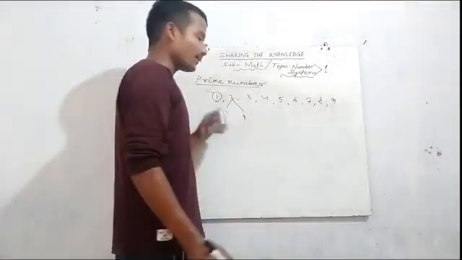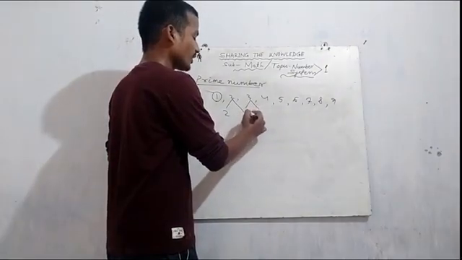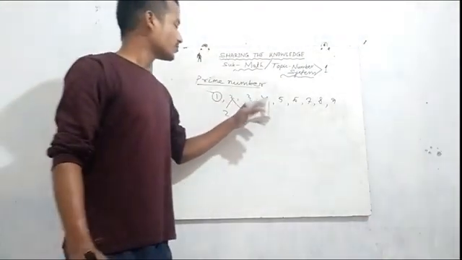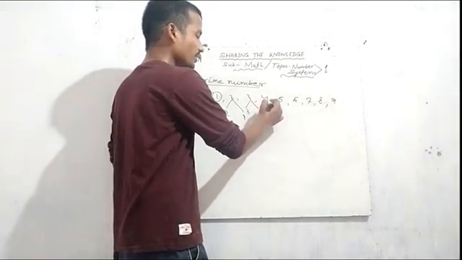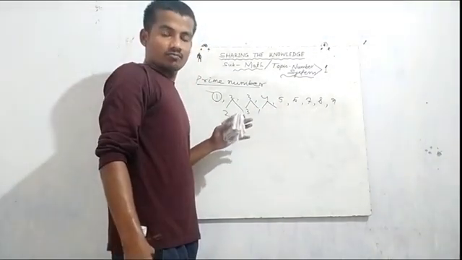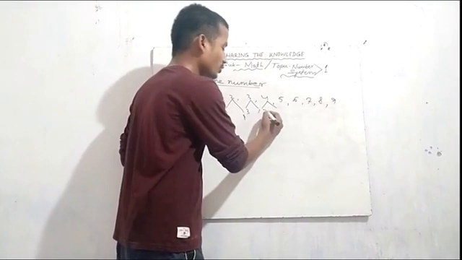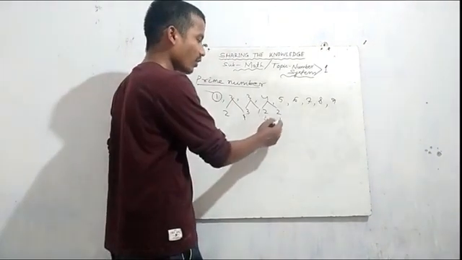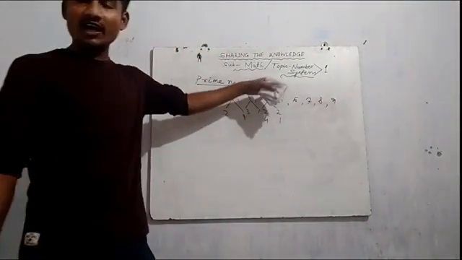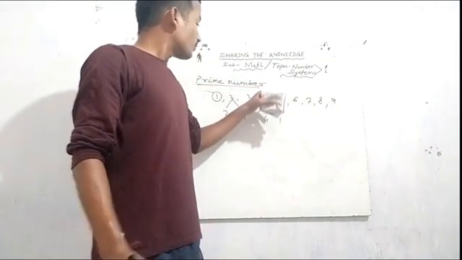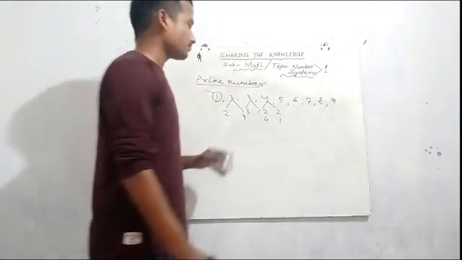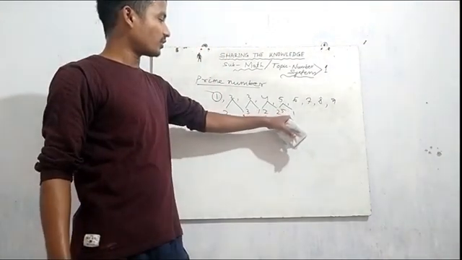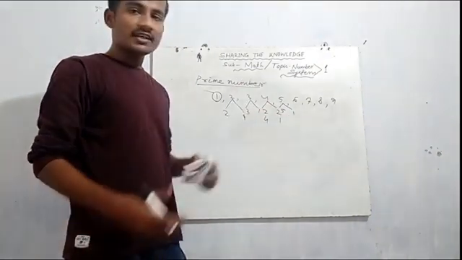Let's take 3. 3 has also two factors. 3 into 1 is 3. 3 is not in any table. 4 has more than two factors, so it is not a prime number. 2 twos are 4, 4 ones are 4. So 1, 2, 4 are the factors. 4 has more than two factors, so that's why 4 is not a prime number. 5 ones are 5, so it has not more than two factors. That's why 5 is a prime number.